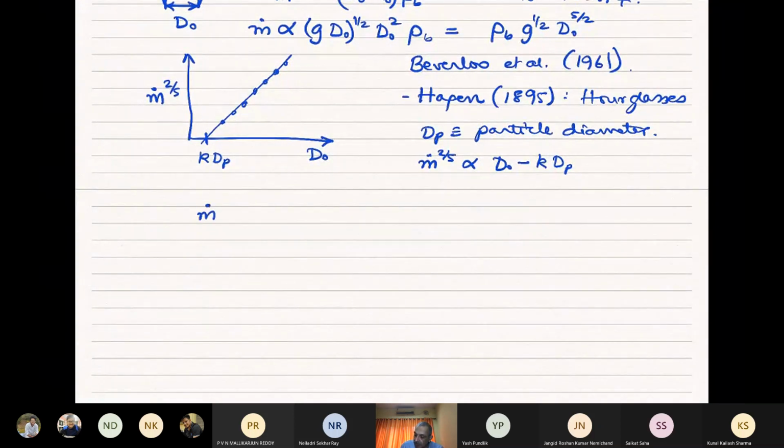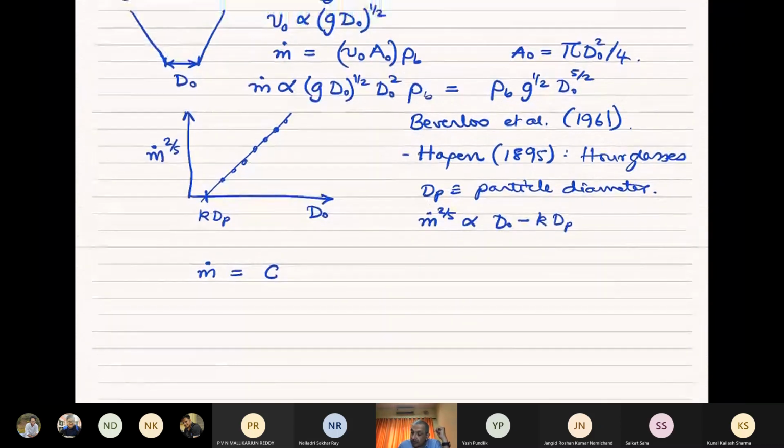So he finally came out with this correlation, which has some constant that depends on all these other factors that we have been leaving out. Plus over here also, there will be some prefactor to the velocity which we have left out.